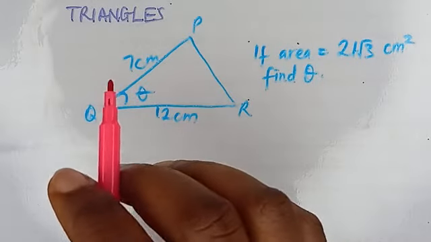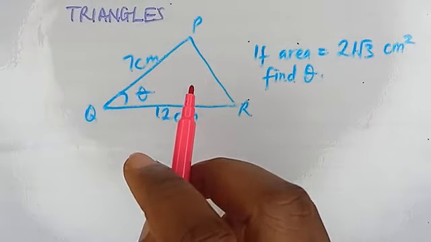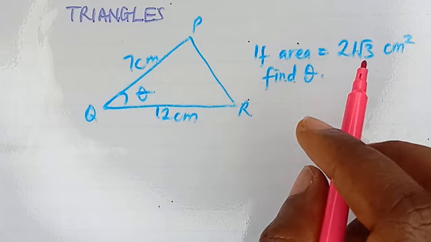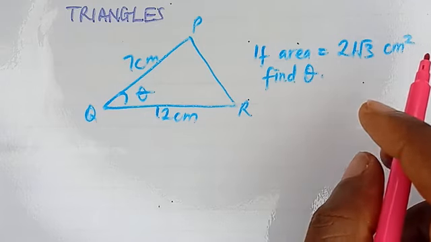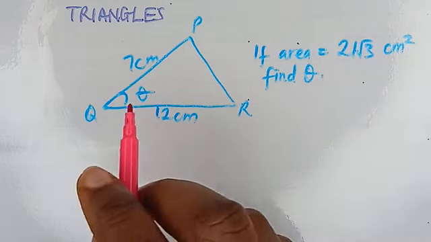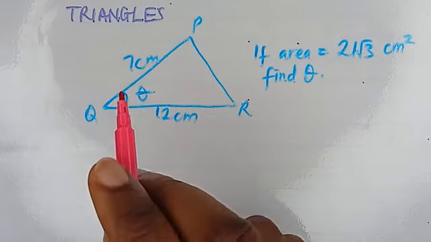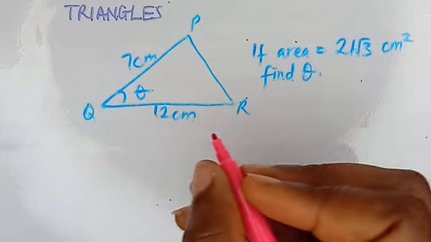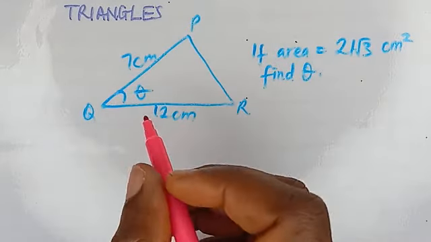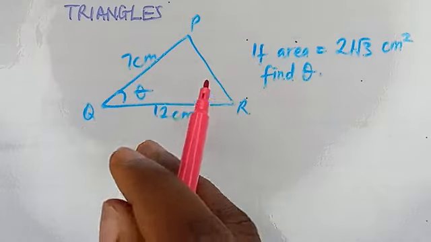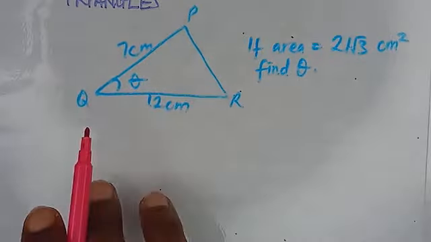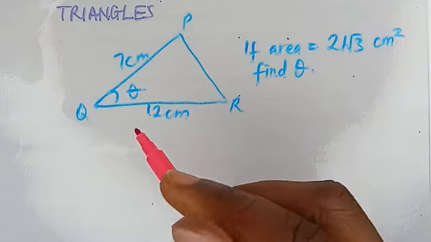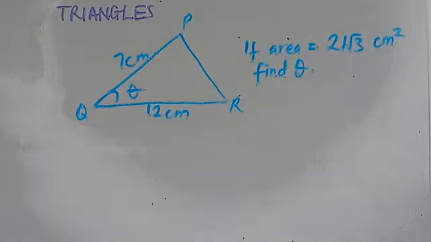Okay, so here we have this. We are told that the area of this triangle is 21 root 3 cm squared. So we are to find the angle. Remember that one of the formulas for the area of a triangle is half of this side times this side times sine theta.